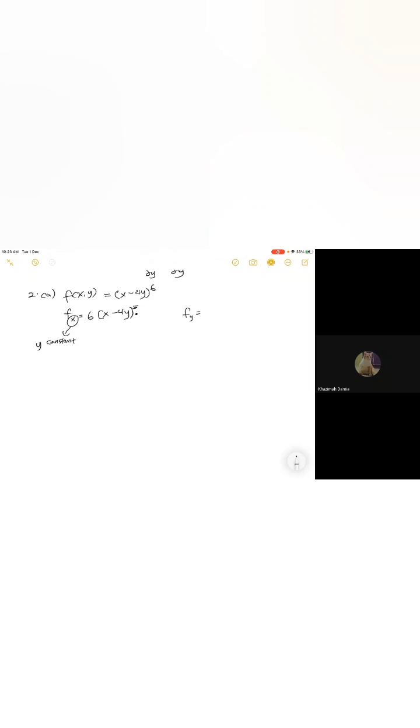And then you darab, you differentiate kat dalam ni terhadap x. Okay, so bezakan x dapat 1. Bezakan 4y, since now the 4y is constant, beza constant dapatlah kosong. Okay, so your answer will be 6(x minus 4y) to the power of 5.